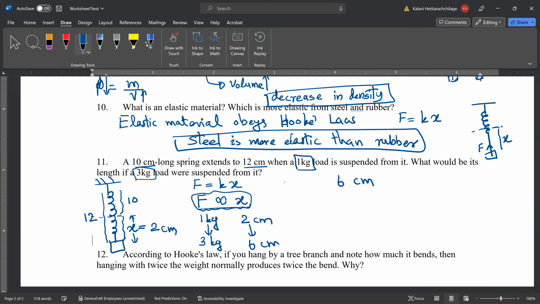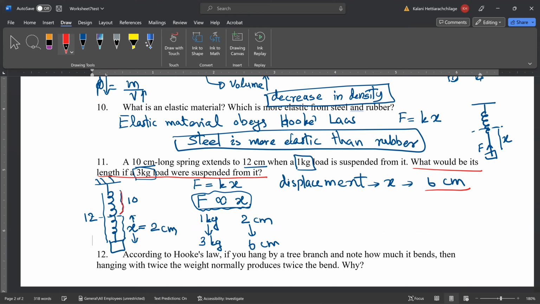So this is the displacement of the spring. That means X is now 6 centimeters. But make sure that you answer the question it is asking. What would be its length if 3 kilograms are suspended from it? Now, this is displacement.